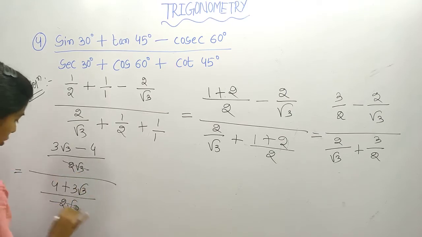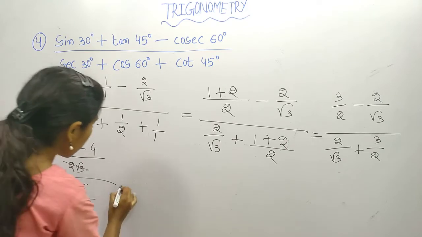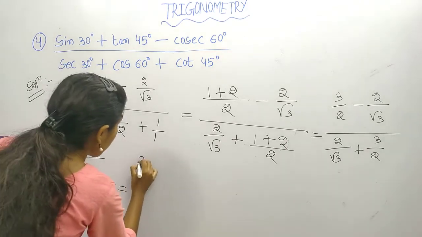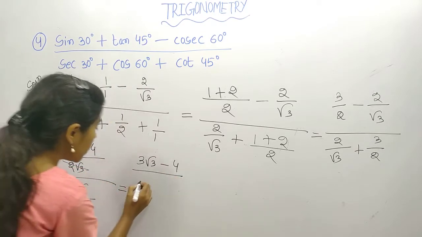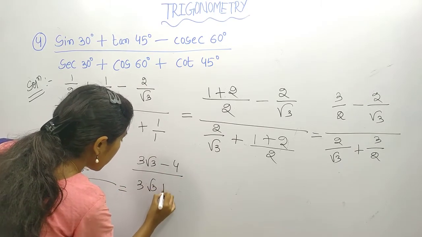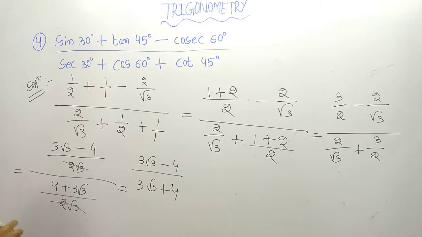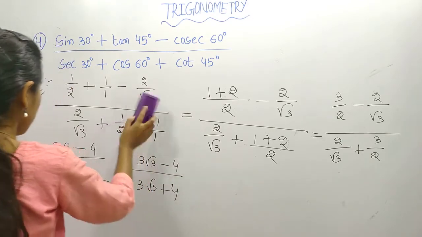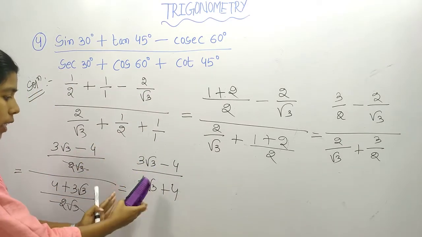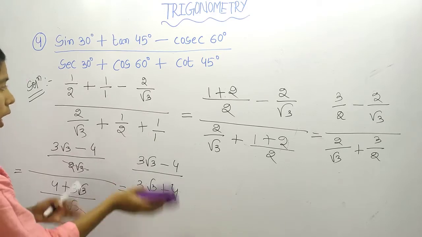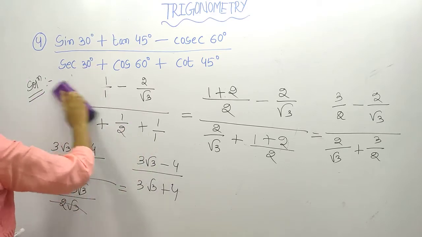So 2 root 3 and 2 root 3 will cancel each other. Now what did it become? 3 root 3 minus 4 divided by 3 root 3 plus 4. Now how will we solve this one? So erasing this part, you see our answer is now 3 root 3 minus 4 divided by 3 root 3 plus 4. Again we have to simplify.